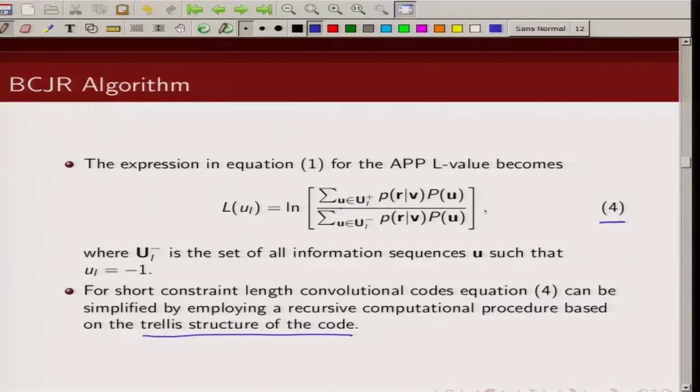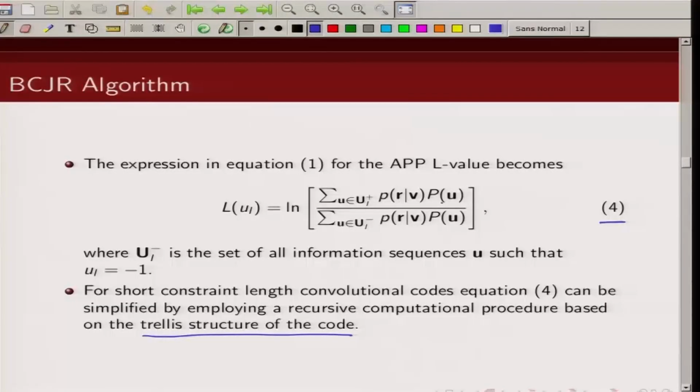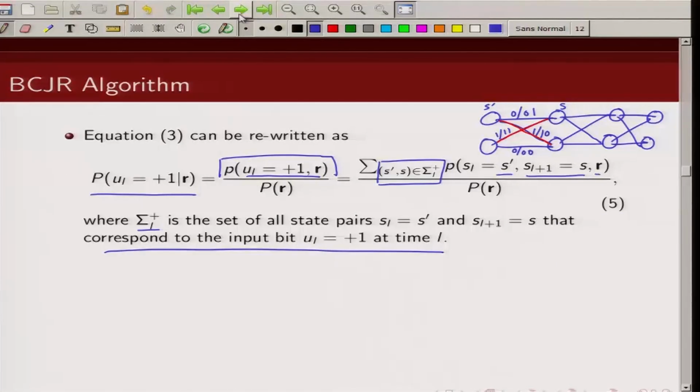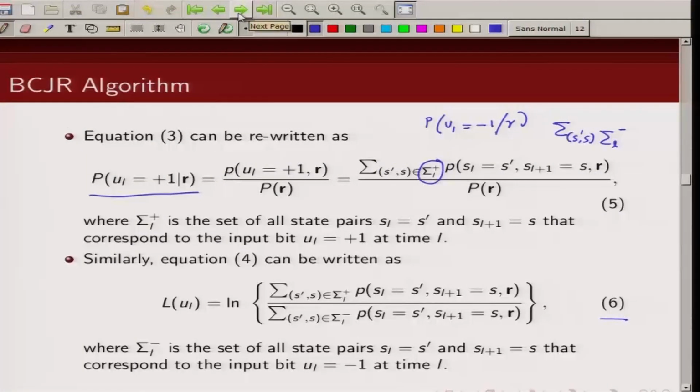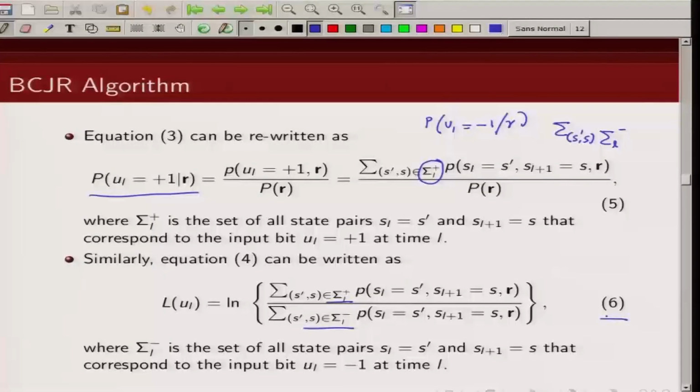If our input sequence is very long, this is a summation over a very large number of terms, whereas I have now simplified my expression. This summation is only over valid transitions corresponding to UL being +1, and this one over valid transitions corresponding to UL being -1. So, I have simplified equation number 4 into equation number 6, using the state diagram or trellis diagram of the convolutional encoder.